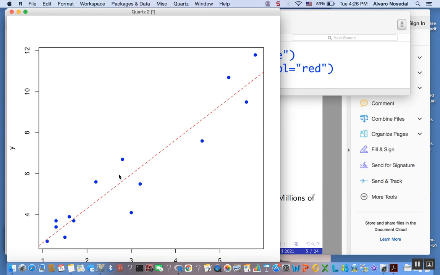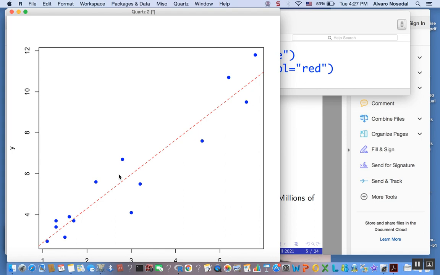So the fourth assumption, the equal variance, the constant variance assumption. Again, remember that we are assuming that the distribution of the epsilons is normal with mean 0 and a common variance sigma square.